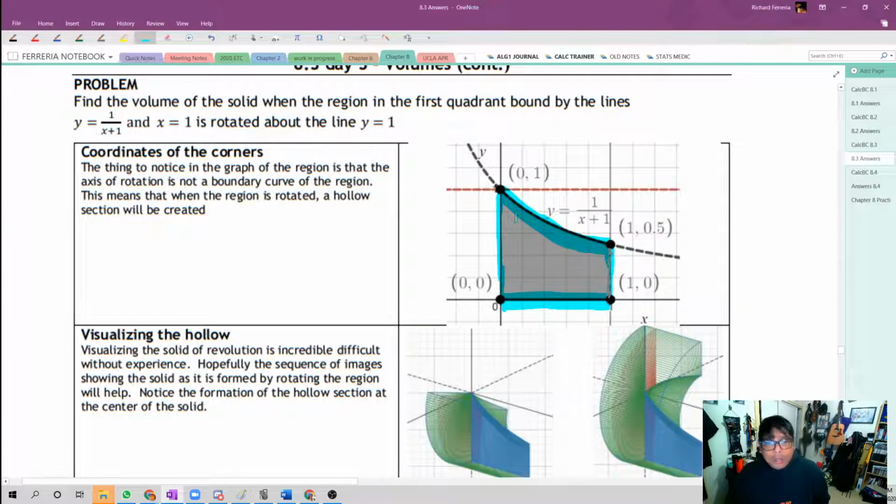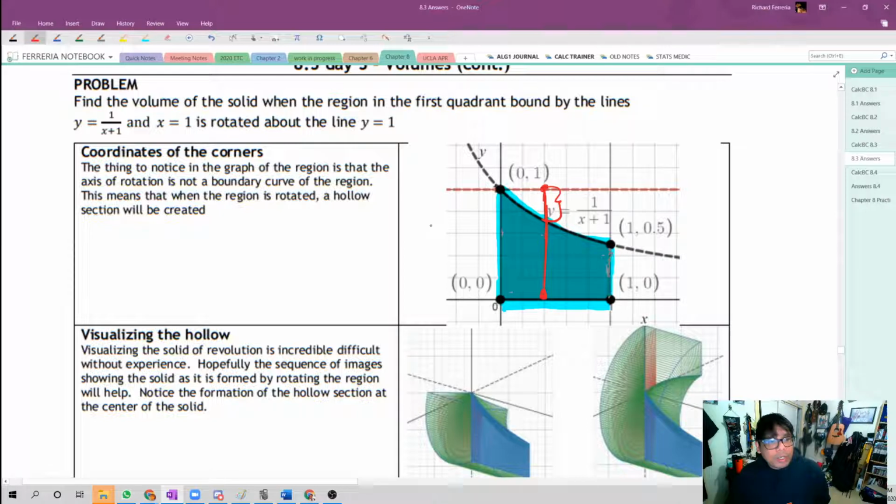Now the thing to notice is when you rotate this shaded region about our axis of rotation, we're going to create a hollow solid. There's going to be like a hole in the middle of it. And we can tell that because if we draw a line from our axis through the region to the other side, we notice that there is a section here that's not shaded.